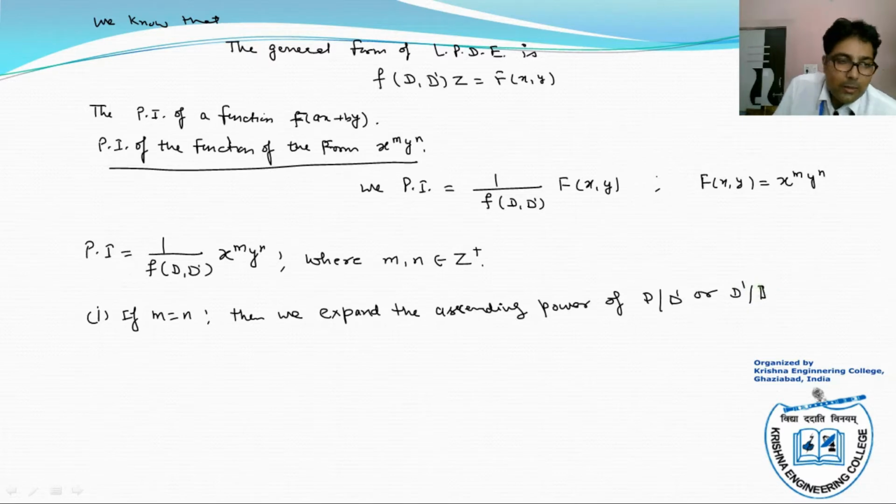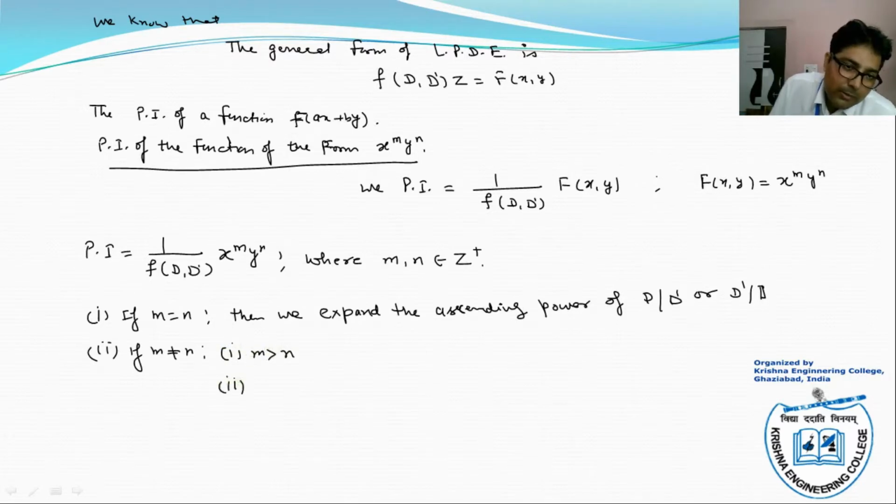But if m is not equal to n, then there are two possibilities again: either m is greater than n or m is less than n.